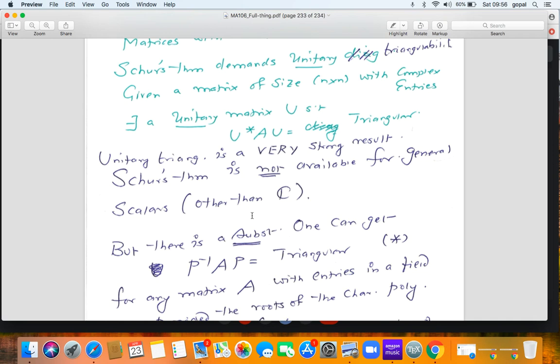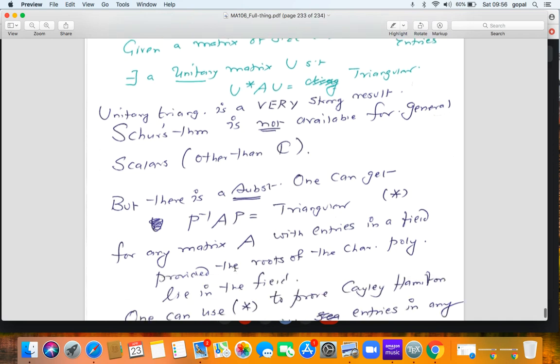So instead of U star AU, you'll have P inverse AP. So the theorem is that if you have a square matrix whose entries are in a field other than the complex field, then the appropriate problem to think about is whether it is similar to a triangular matrix.